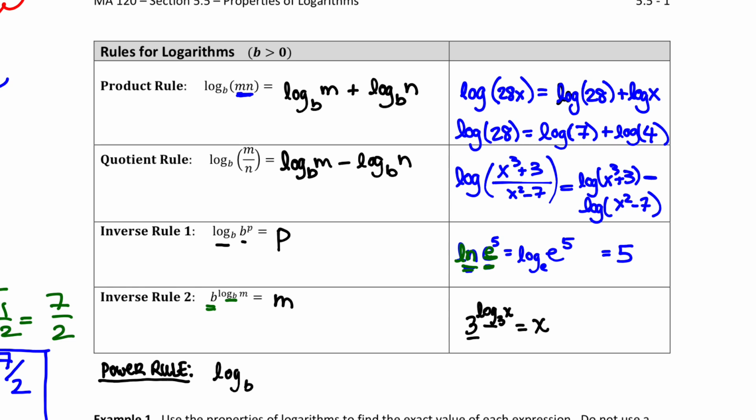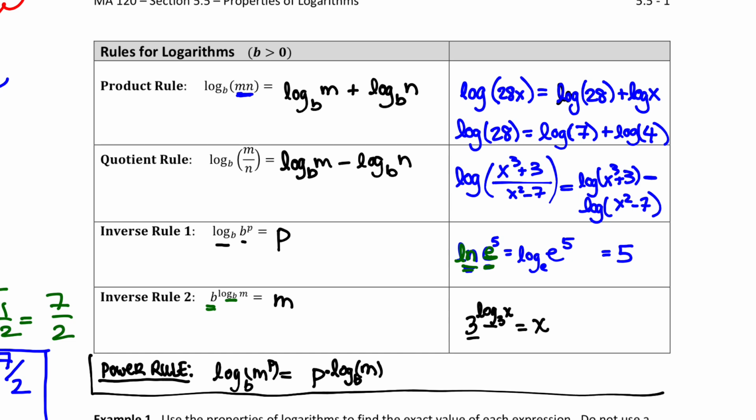The log base b of m to the p equals p times the log base b of m. Another rule that we just memorize, okay? I can show you where they all come from, but sometimes just memorizing them is easier.